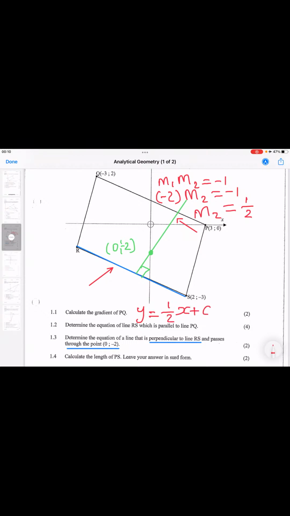Now you need a point, which is that point they gave you, because they knew you were going to need that point to determine an equation. So you take that y value, plug it there, take that x value, plug it there, so that you can calculate the c value.